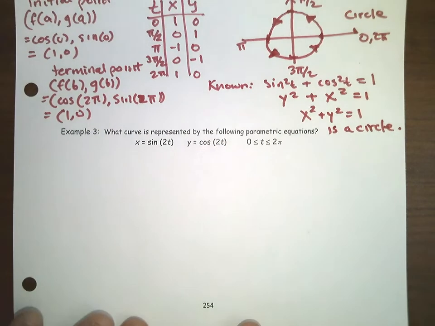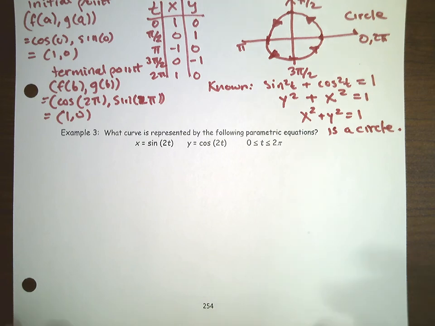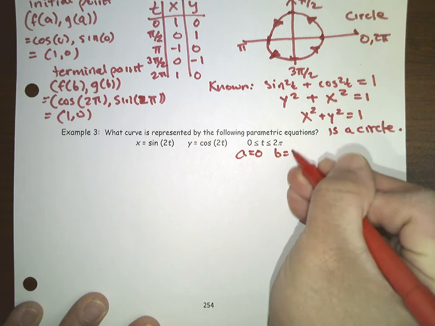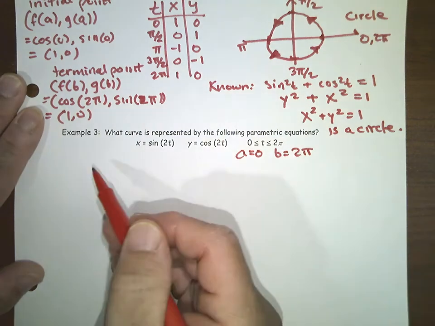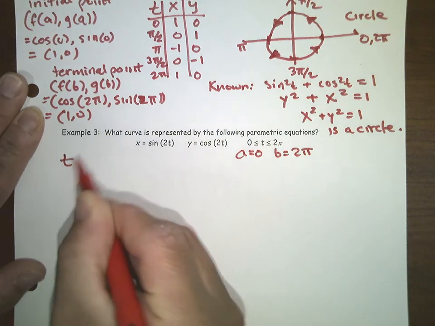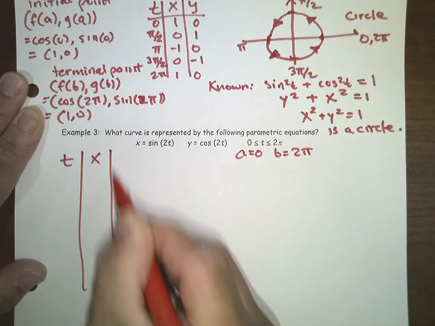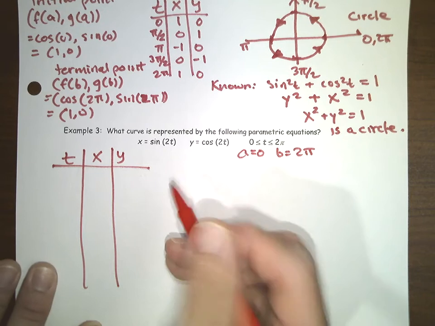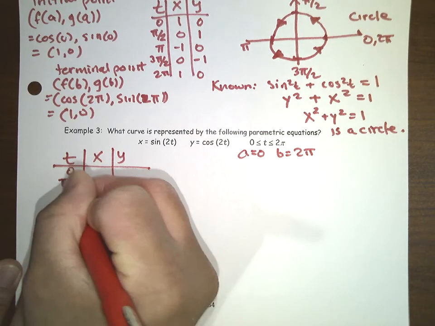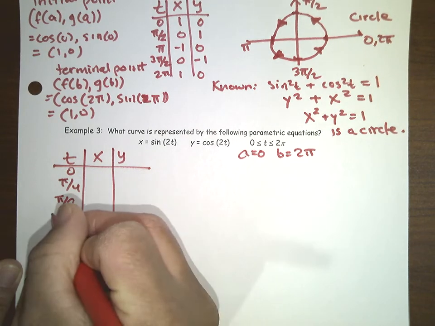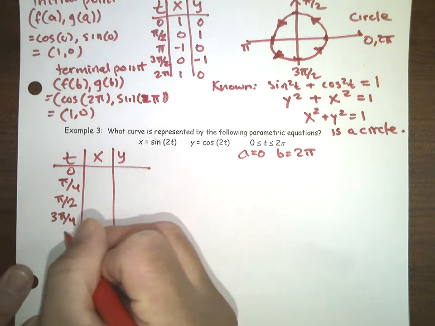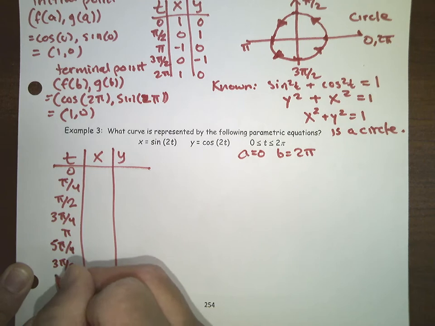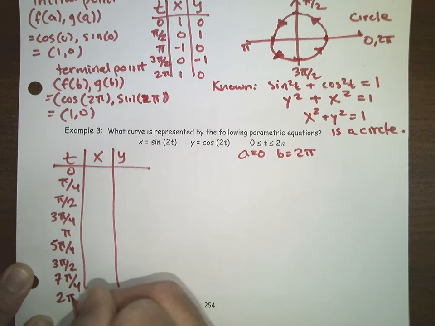What curve is represented by the following parametric equation? So here you see the a is 0 and the b is 2 pi. So let's draw a table here: t, x, and y. Let's just try some values here: 0, pi over 4, pi over 2, 3 pi over 4, pi, 5 pi over 4, 3 pi over 2, 7 pi over 4, and 2 pi.